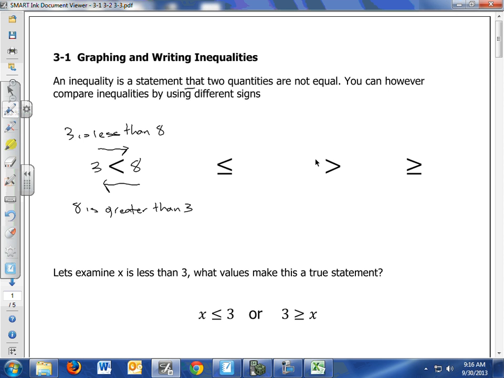So, let me write something like this. Here, if I read this statement from left to right, it actually doesn't make too much sense. We say 3 is bigger than x, or 3 is bigger than my number.